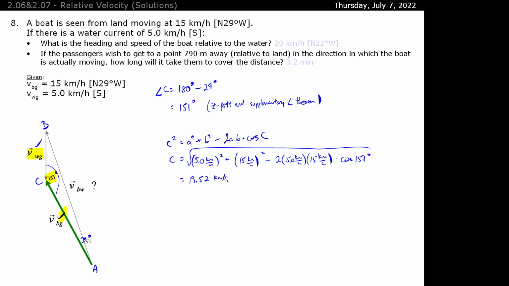To solve for the angle, remember that 29 degrees came from relative to north. Okay, so we have to figure out what this little angle is right over here, and that corresponds to angle A. So let's solve for angle A now. Since we have the pairs of angle C and side length C, we know that sine of capital A over little a is equal to sine of capital C over lowercase c. So angle A is equal to the sine inverse of a times sine capital C over lowercase c. Capitals for angles, lowercase for side lengths.